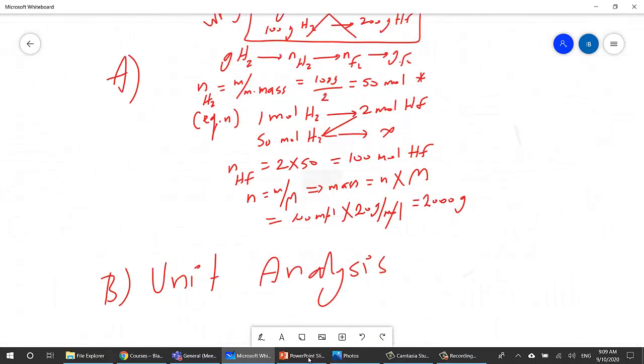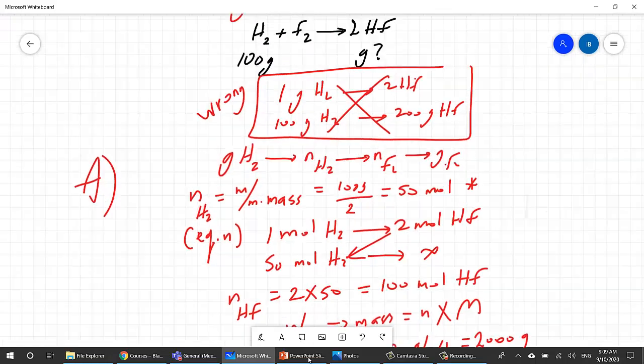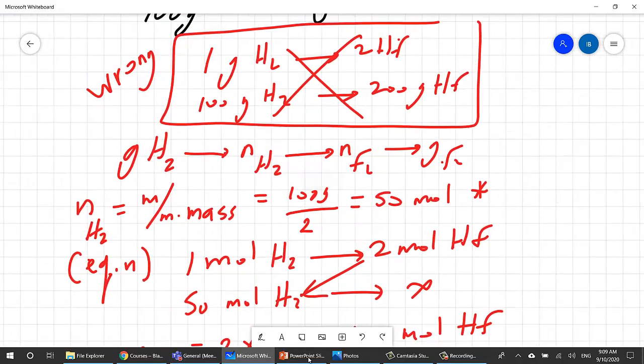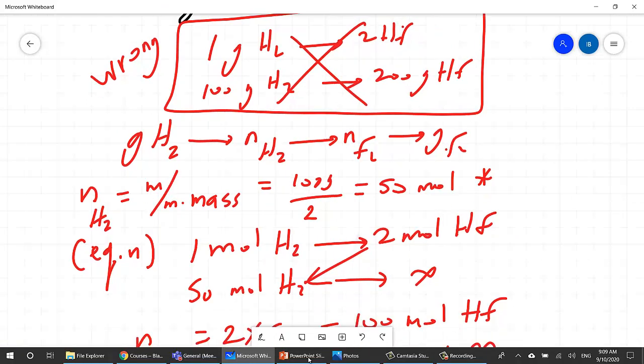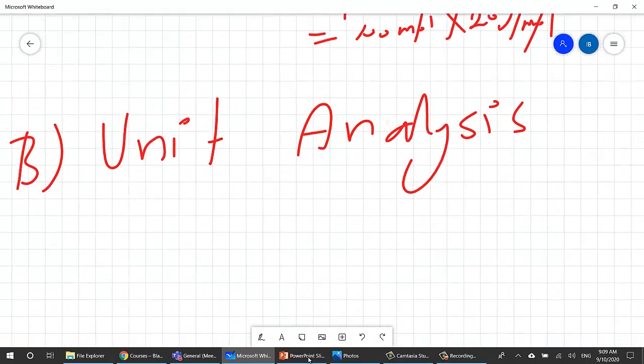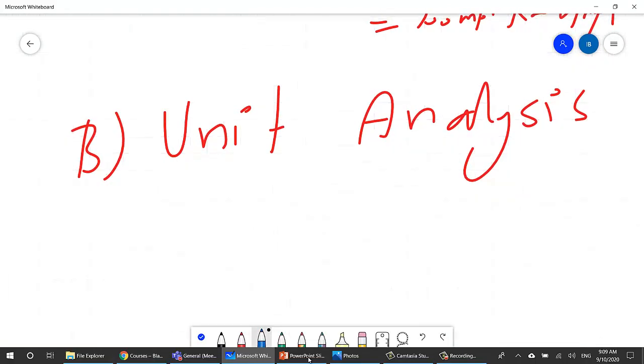In method B, you stick to your plan: grams of H2, you convert it to number of moles of H2, and then to number of moles of HF. In unit analysis, it's much easier. You say, what is required? He needs the mass of HF, and it's equal to, he's only giving you one thing, which is the 100 grams of hydrogen gas.